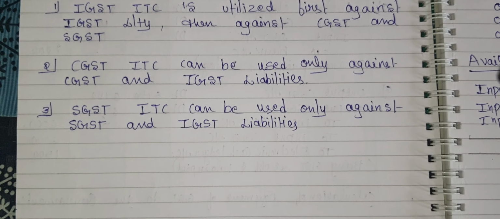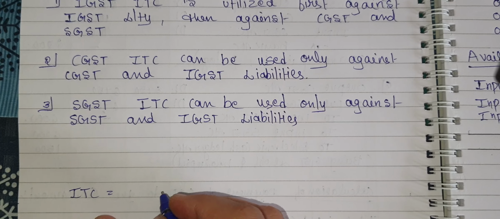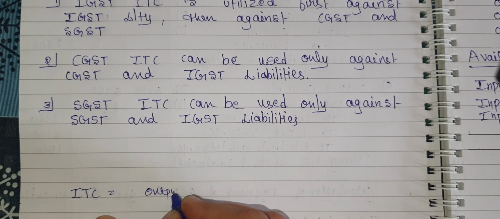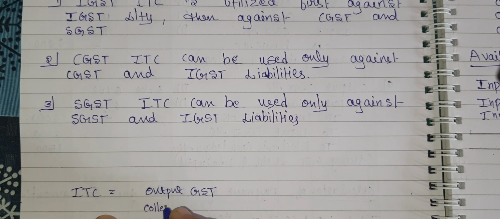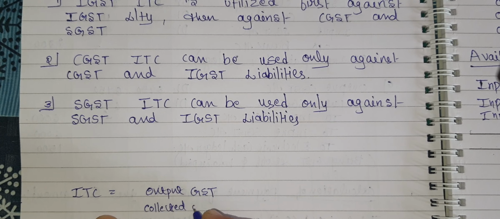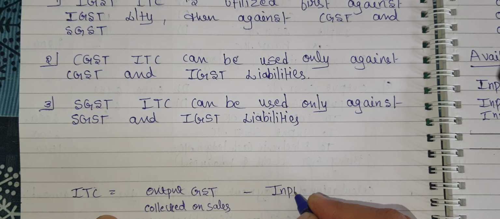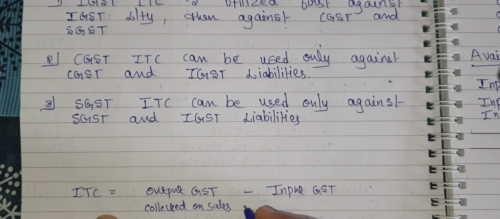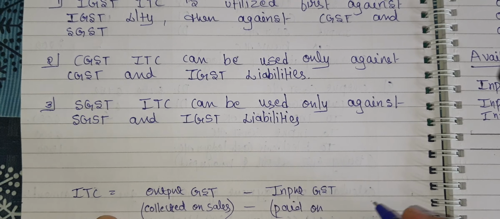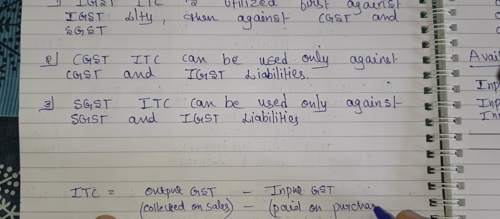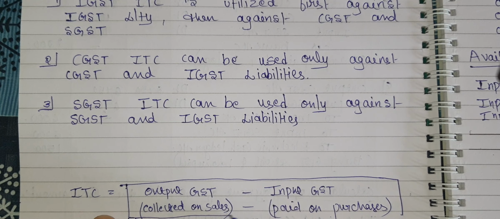So, here I will write down: input tax credit equals output GST, collected on sales, minus input GST that is paid on purchases. This is called input tax credit.